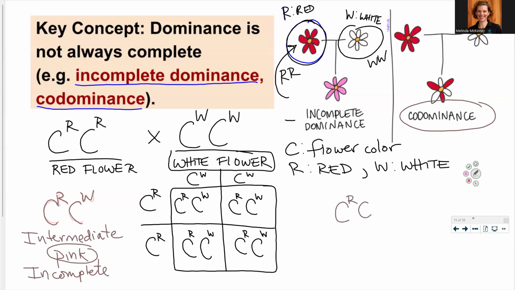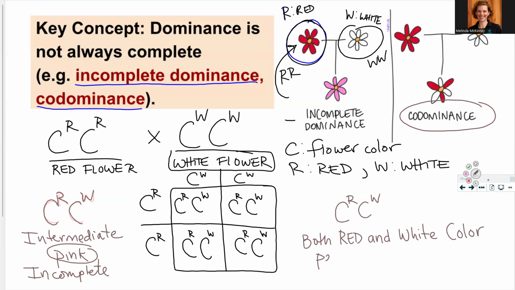So C superscript R, C superscript W is going to represent patchy: both traits expressed, both red and white petals. And both of these are found in nature.